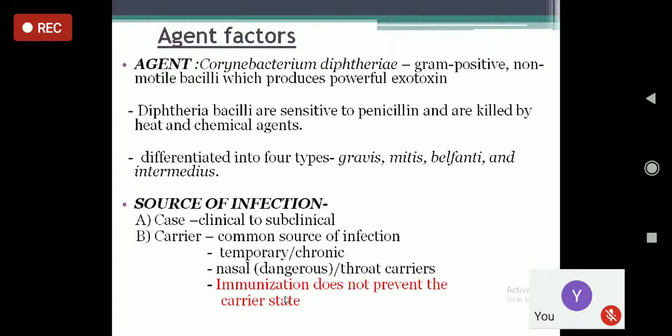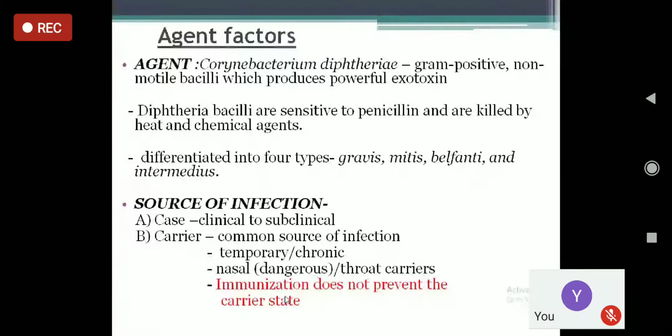For a certain time they carry the bacteria, and then the person becomes bacteria free. Chronic carriers harbor the bacteria for long periods and keep spreading the infection through nasopharyngeal secretions while coughing, sneezing, and by other modes.